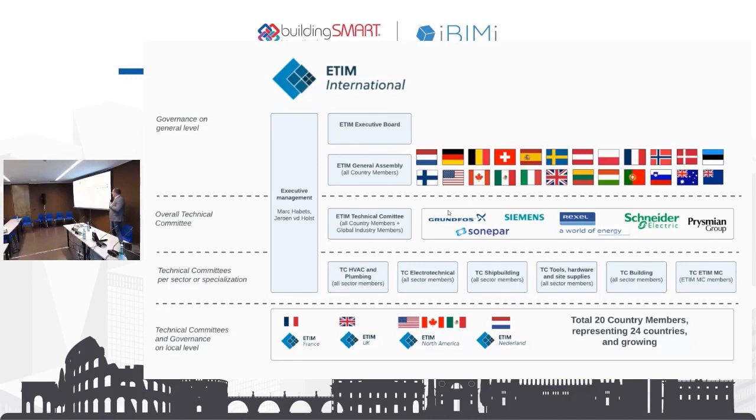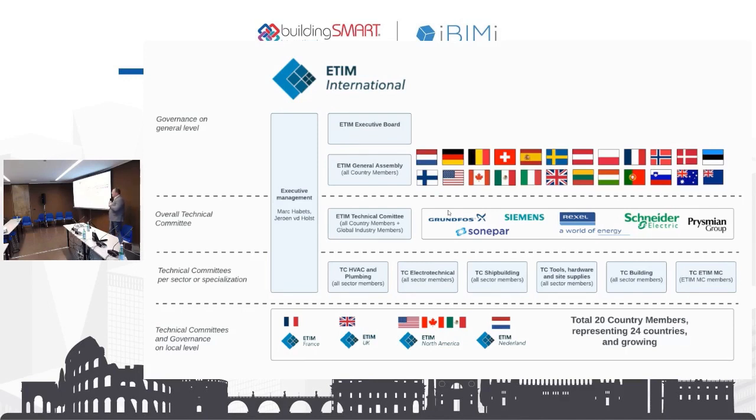And overall technical issues are discussed in the General Technical Committee, where we discuss maybe disruptive changes on the ETIM model. We are supported by global industry members, and for their support, we allow them a seat at this technical committee table. We have a general assembly of our country members, where we decide on budget and strategy and stuff like that.